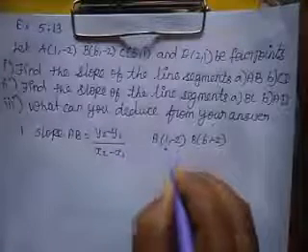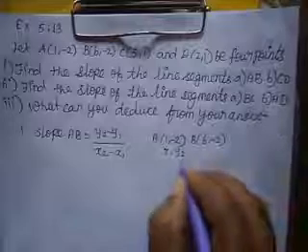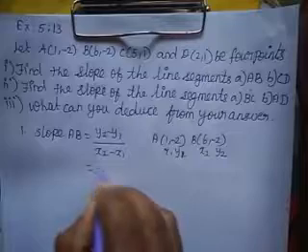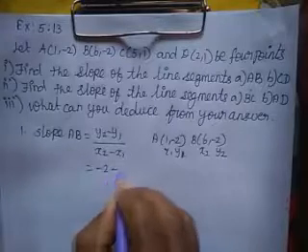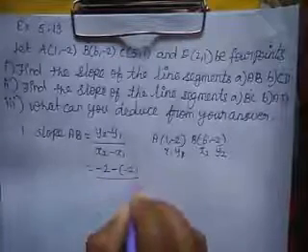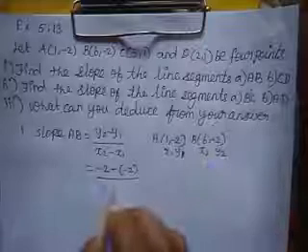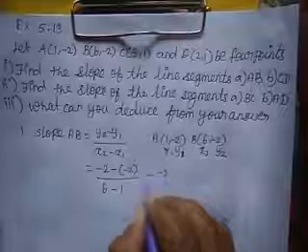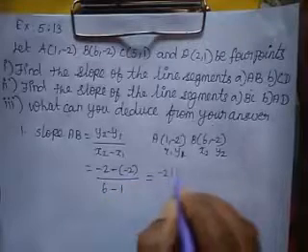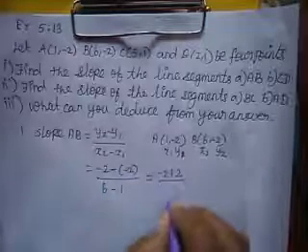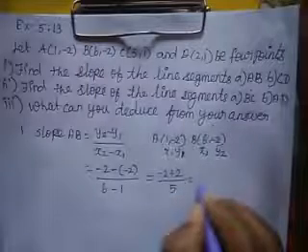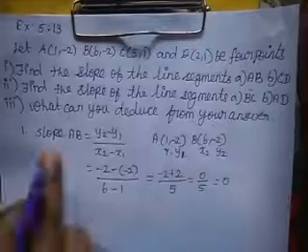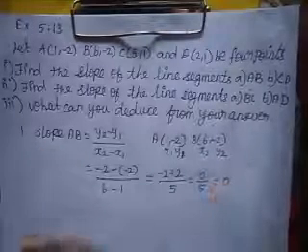Here y2 is -2, y1 is -2, x2 is 6, x1 is 1. -2 minus of -2, that is -2 plus 2, by 6 minus 1 is 5. -2 plus 2 is 0, 0 by 5 is equal to 0. So slope of AB is equal to 0.